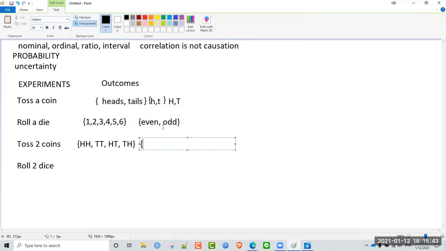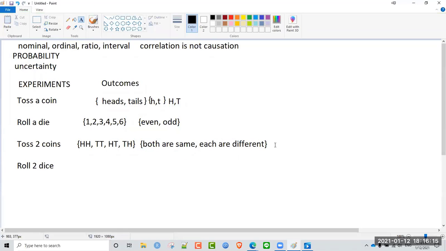Yes, go ahead. So like with even and odd, it could be same or different. Okay, right. Both are the same, that's one. Both are different. That's good. So that's another way to list the set of outcomes.